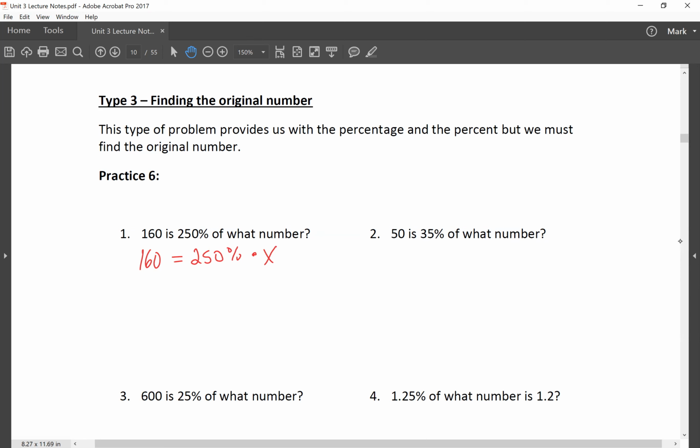Now, one thing, and this is really important, and you should remember this from other courses, don't use percents in your calculations. We always change this to decimals. So change to decimal.